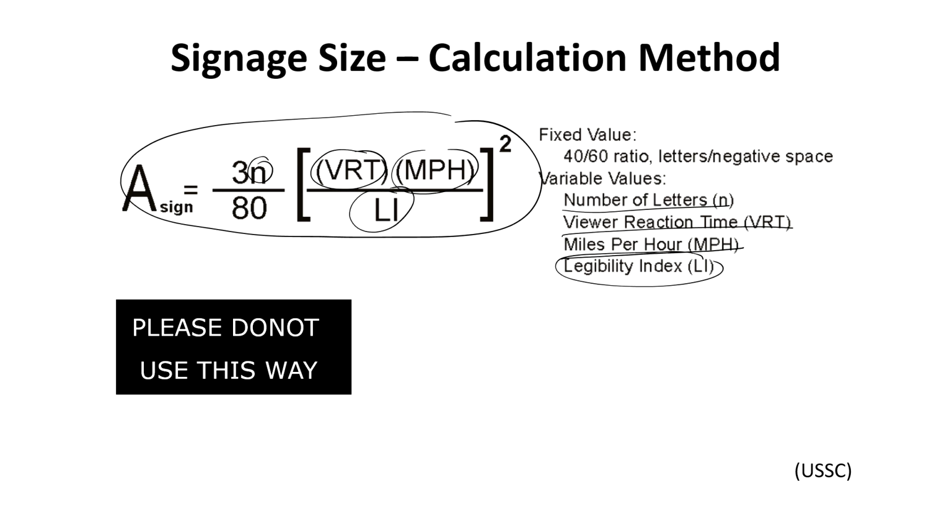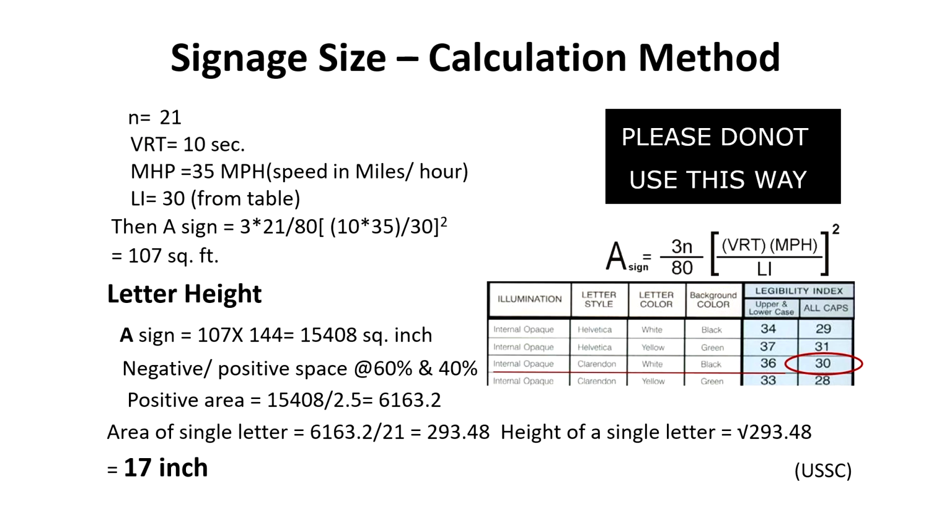Okay. Now, we do our calculation for this. This is one of the signages which we have to place. Now, let us find out what my area will be and what the height of the text will be. If we go back to the signage, first thing first, count the number of letters.